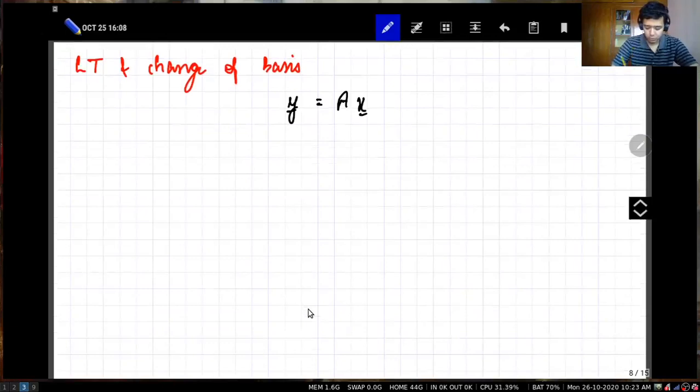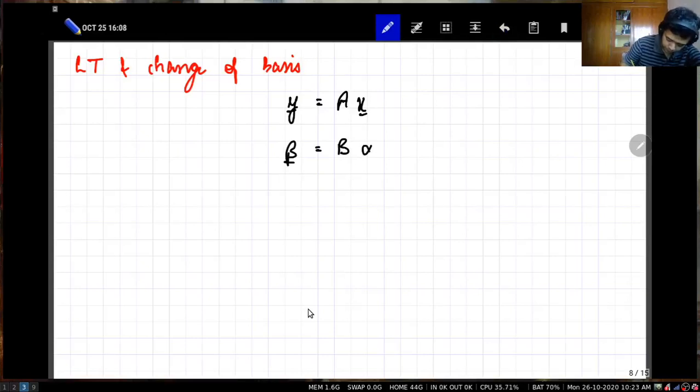Now relative to a different basis, say v1 through vn, sticking to our original notation, we have beta equal to B times alpha, right?